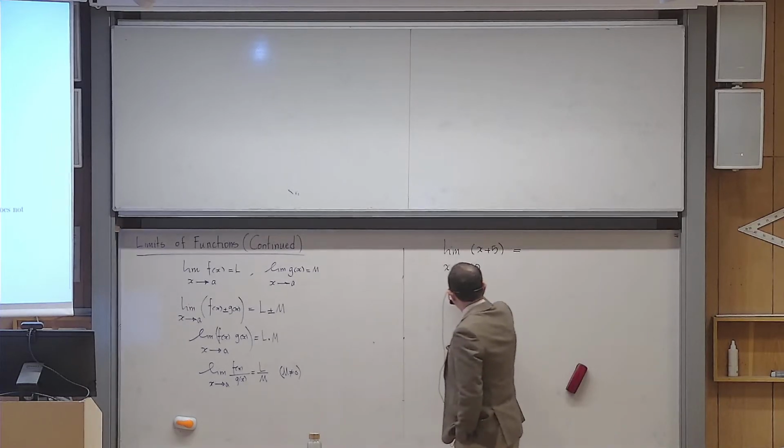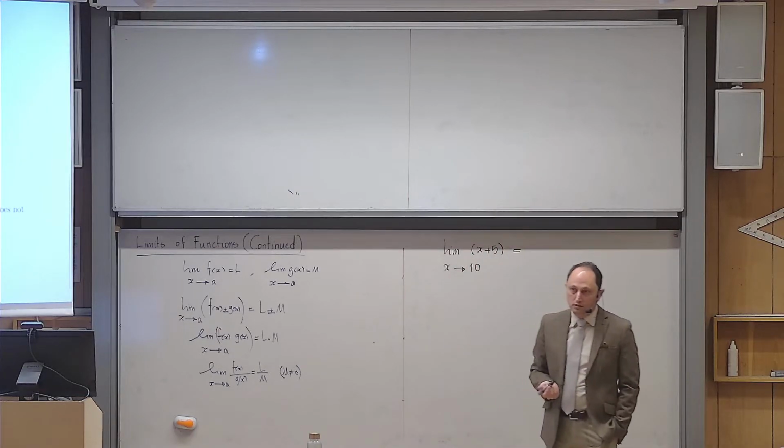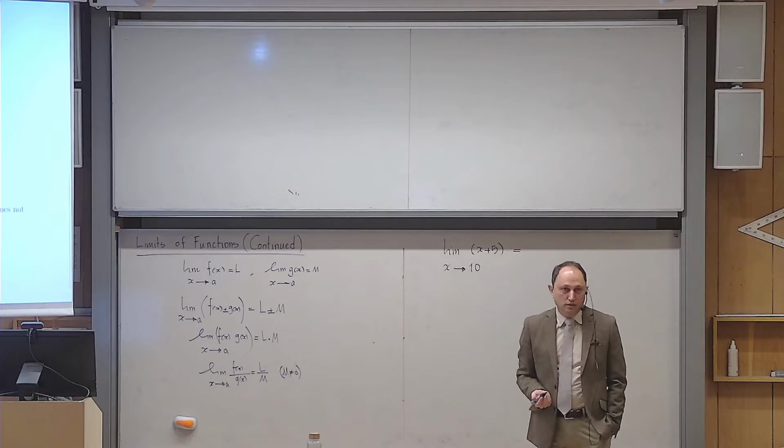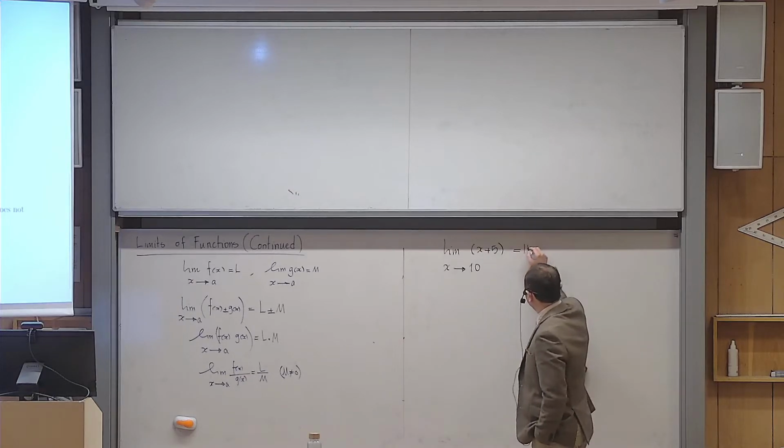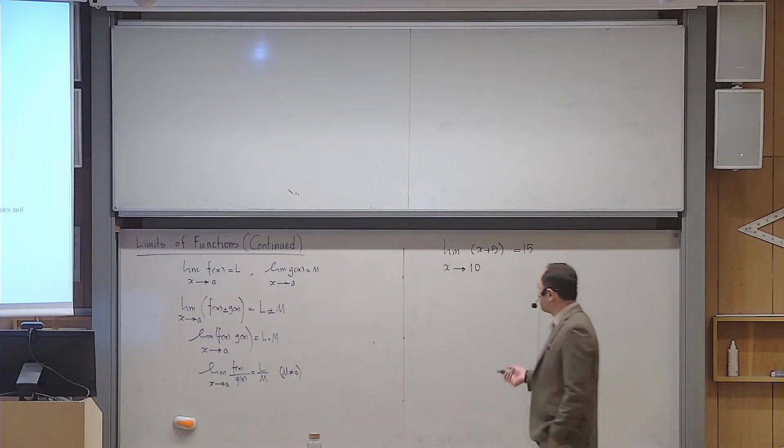So what will be that number that x plus 5 becomes close to when x is extremely close to 10? That's 15. Do you agree? The answer is 15. Yes? Okay, so that's it.